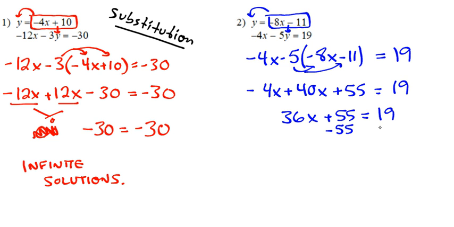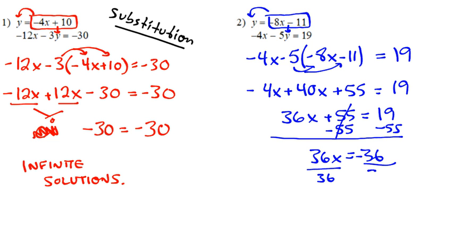I'll subtract 55. When I do that, I get 36x equals 19 minus 55, which is negative 36. Divided by 36, I get x is negative 1. That's part of my answer, but not the answer. I still need to know what y would be.